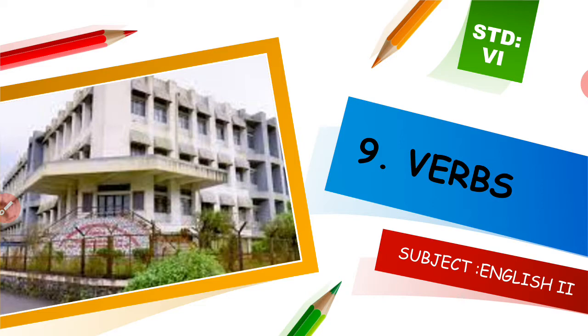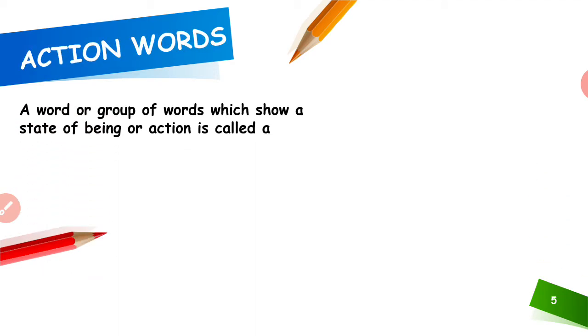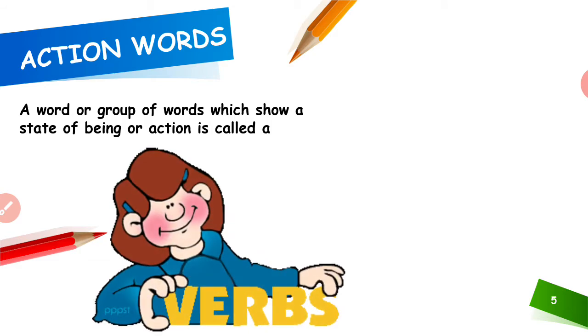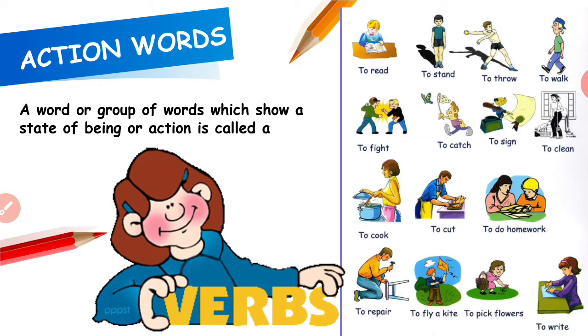Let's see. Chapter number 9, Verbs, Subject English 2. Today we are going to learn about verbs. Verbs are action words. A word or group of words which shows a state of being or action is called a verb. Here are some examples of verbs.